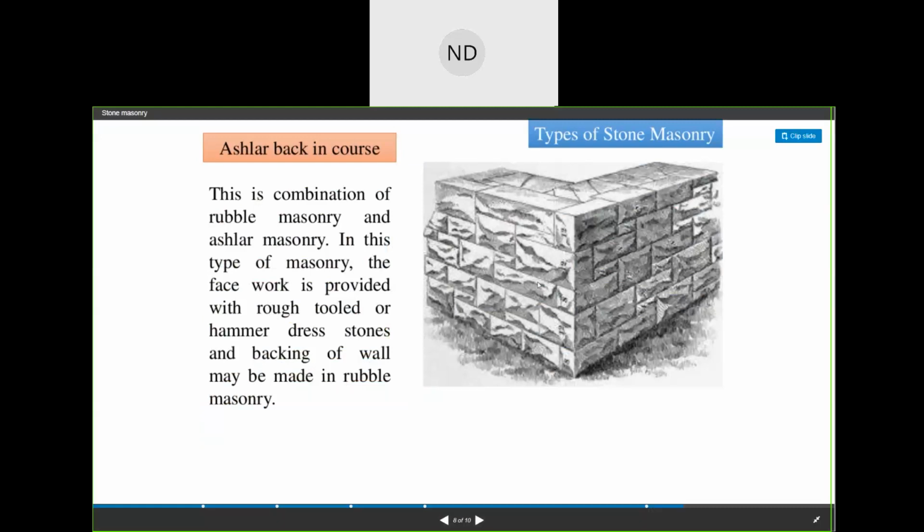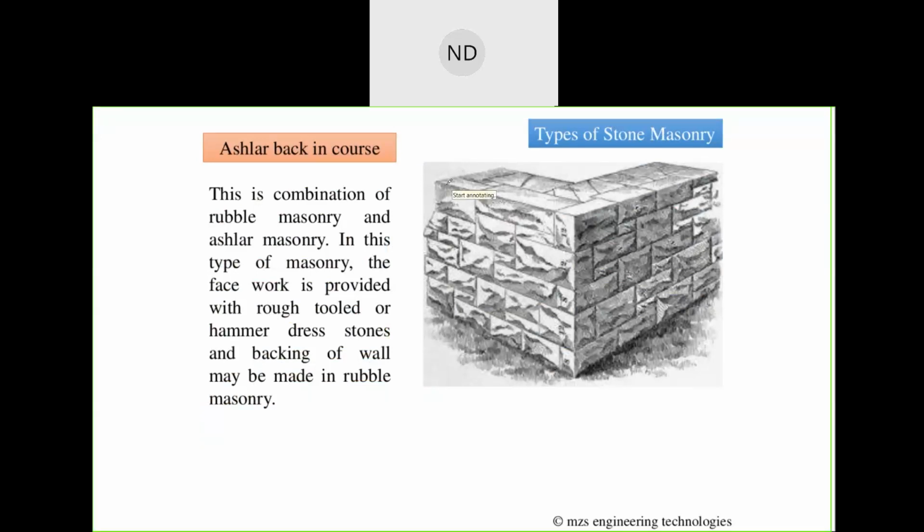So you see here, these are the faces which are made rough. These are roughed with a chisel. These portions you're looking at are roughly made faces, but on the inward side of the wall, what kind of masonry is this made of?